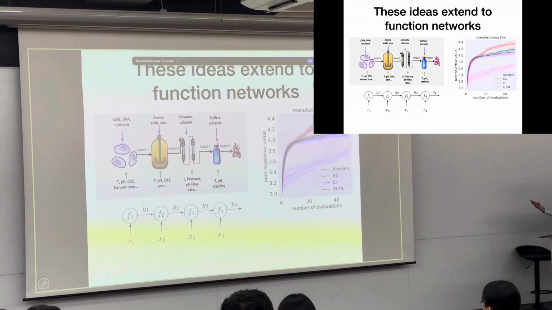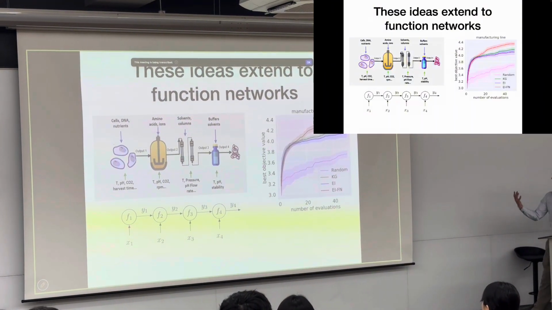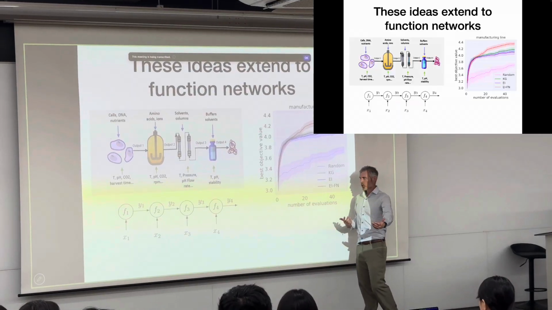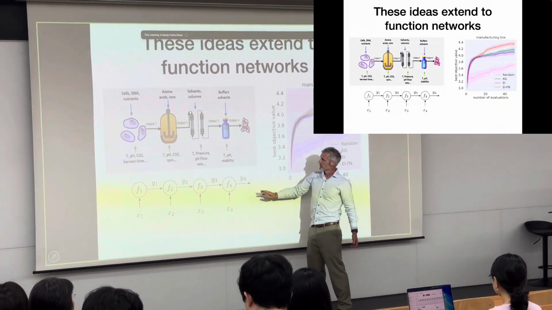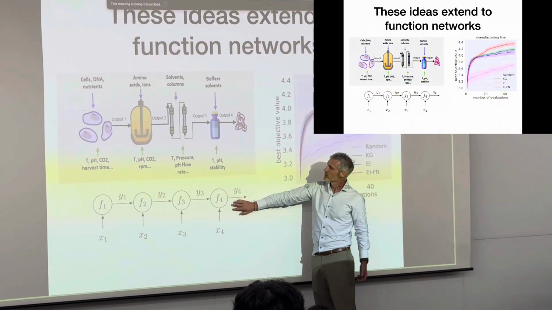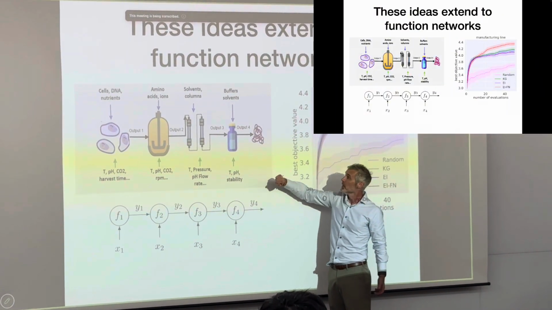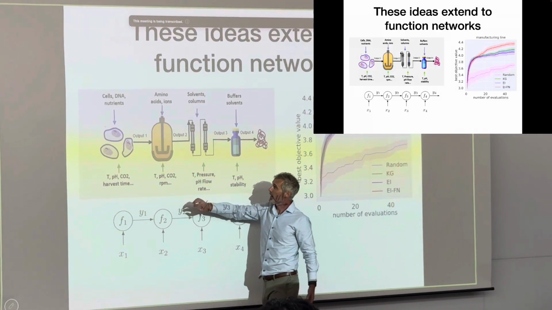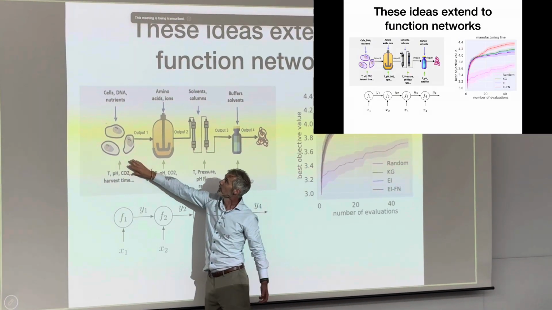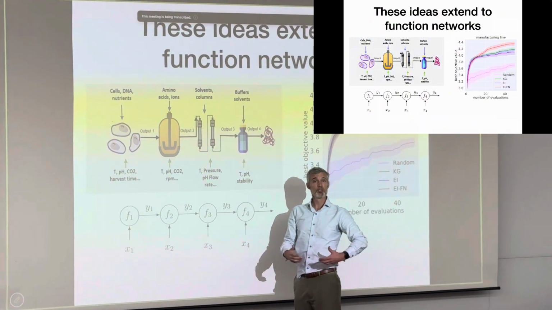I've explained these ideas in the context of a simple function network, but they extend naturally to more complex ones like the Paxlovid example, or to this biomanufacturing context in which I'm trying to make maybe some antibody, and I do that in a sequence of steps, where I grow my cells, and then I'm collecting protein and filtering it.